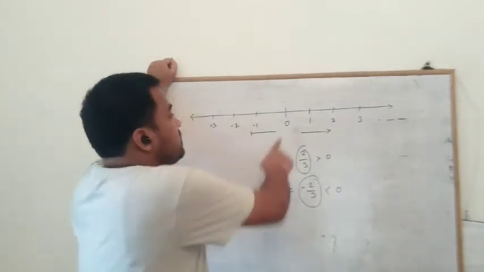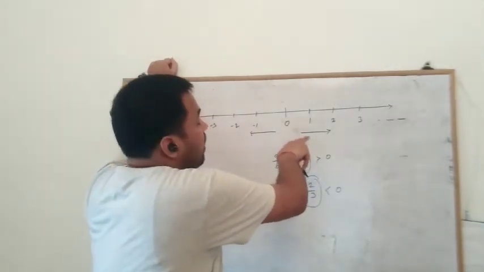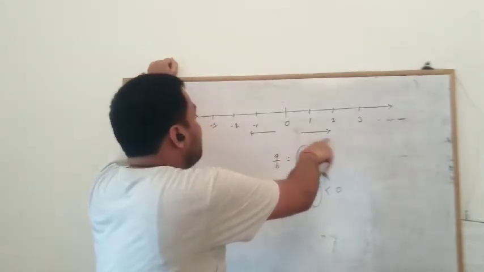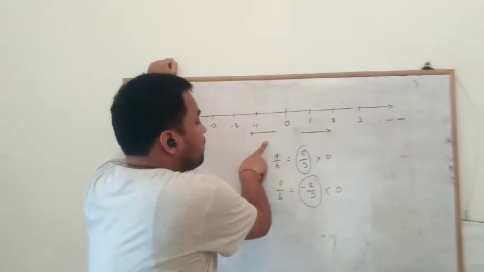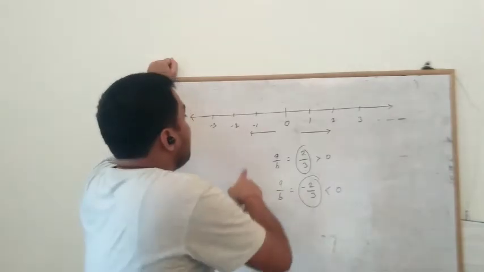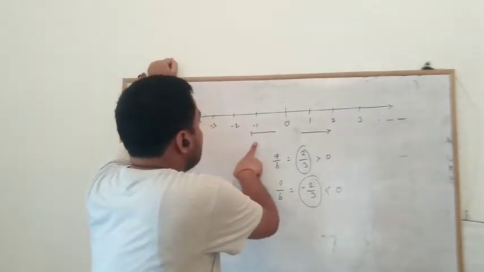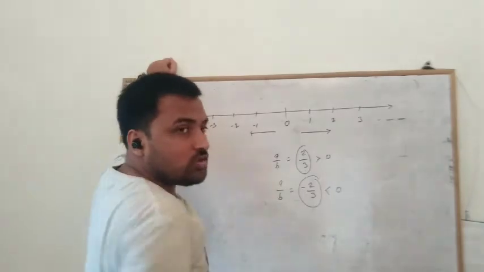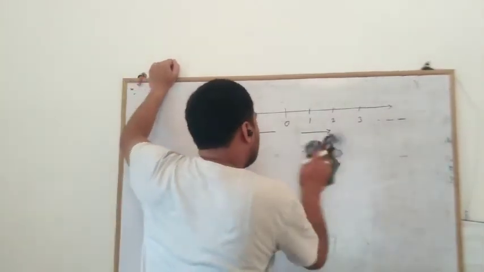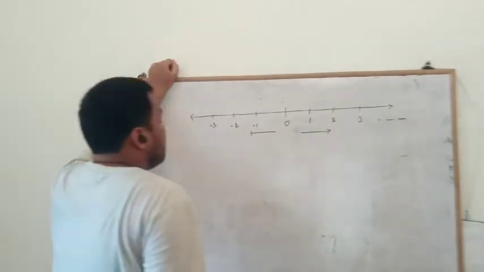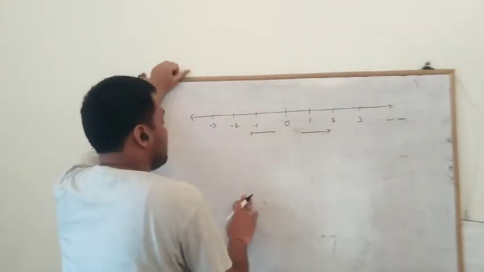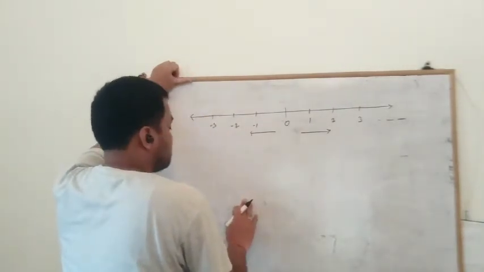Okay, so 0 is a reference point. The positive rational number will always be greater than 0, and that will be represented on the right side of the 0, and the negative rational numbers will always be less than 0, and that will be represented on a number line to the left of the 0. Okay, so here one thing that we have to discuss is how to represent the rational numbers on a number line.